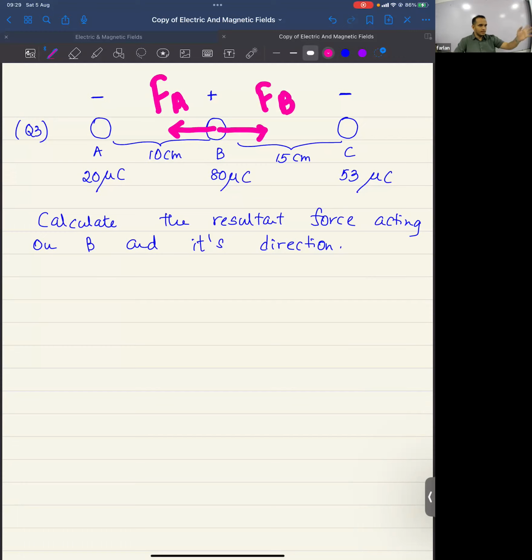So we'll find FA and FC separately and get the resultant of that. And the direction depends on whether FA is greater or FC is greater. Can you find FA and FC separately?